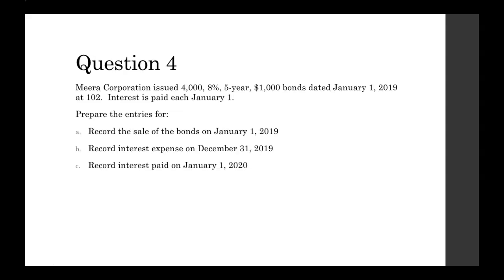Well, we need to prepare the entries for recording the sale of the bonds on January 1st, 2019, recording the interest expense on December 31st, 2019, and then on the following day, recording the interest paid. So we have some of the information there still over on the left side. And we need to record the sale of the bonds.